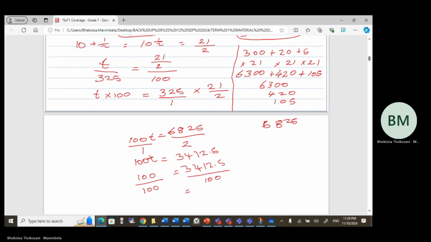In this case, we move it to the left. So I end up with 34.125. Because we round up to the nearest cent, it will be 34.13.